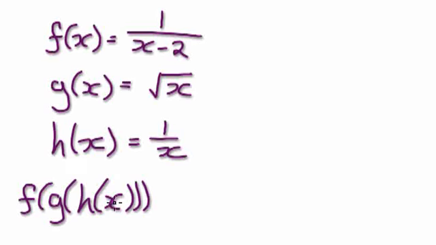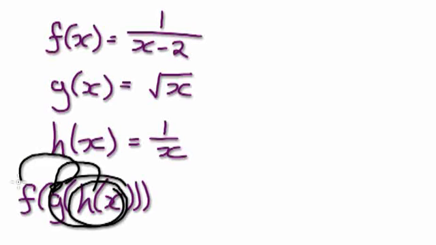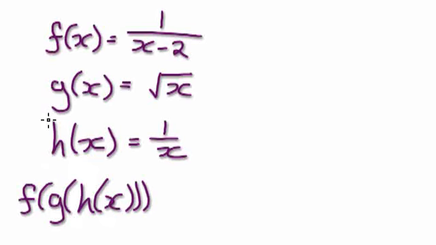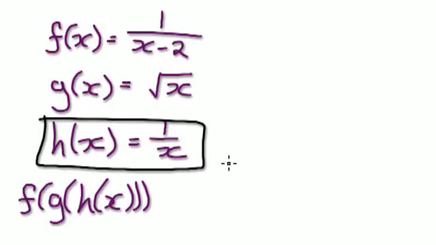Okay. Because we are putting this into the g of x and then putting the combination of the two into the f, let's look at this one first. When does this function break down? Well, it breaks down when x equals 0.